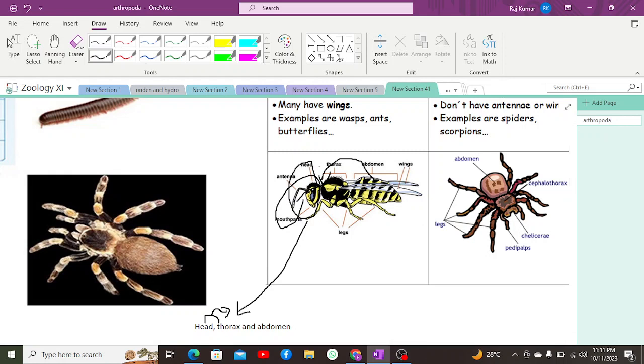Besides this, these organisms have an exoskeleton in the form of cuticle.